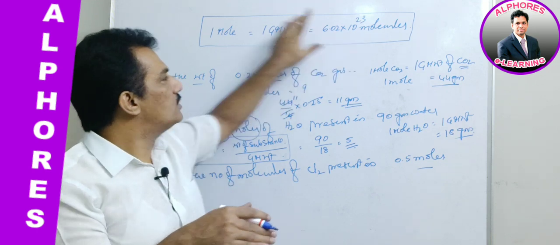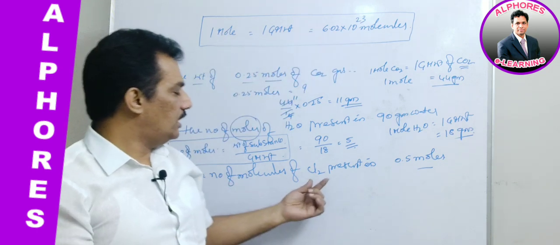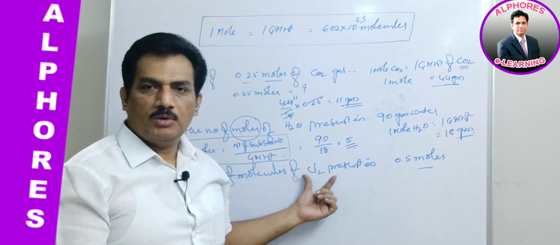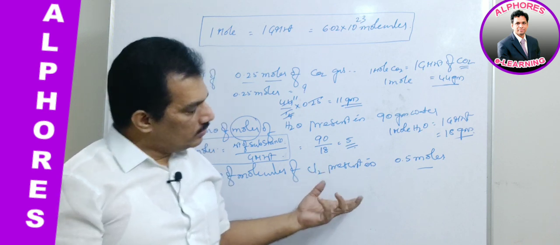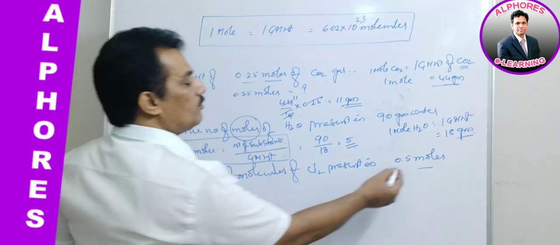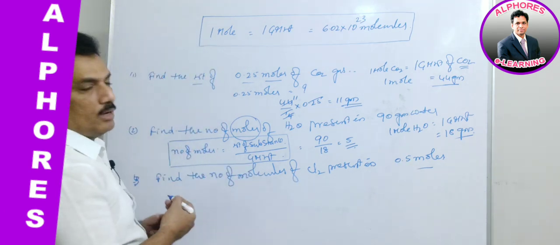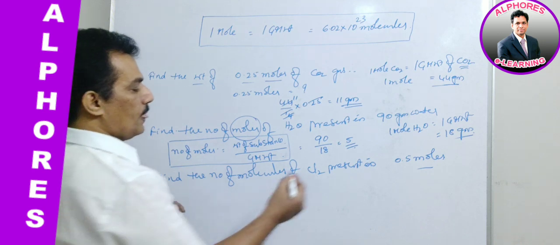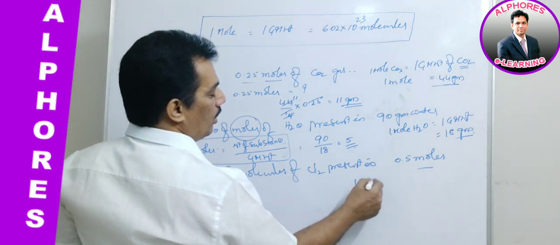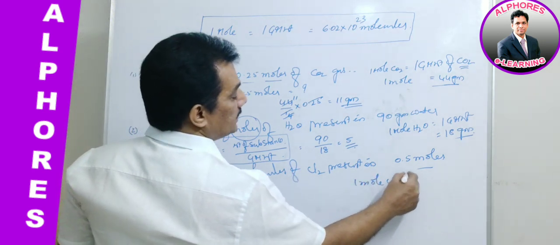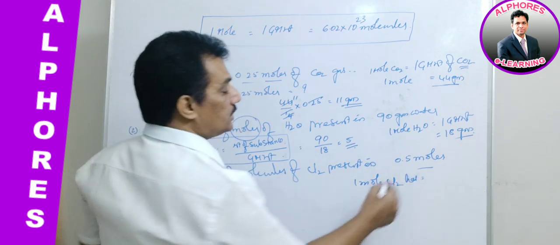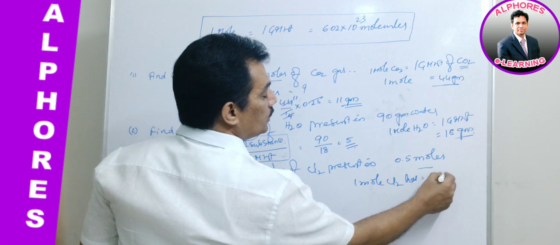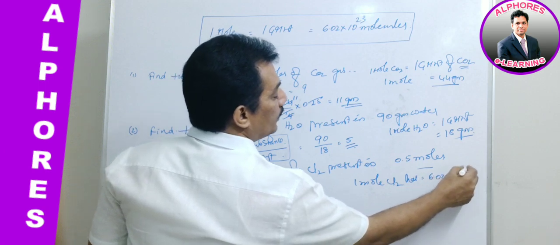If only molecules and moles are given, then we need not know the chemical nature of the substance. Anyhow, 0.5 moles possess how many molecules? We know 1 mole of Cl2 has 6.02 into 10 to the power of 23 molecules.